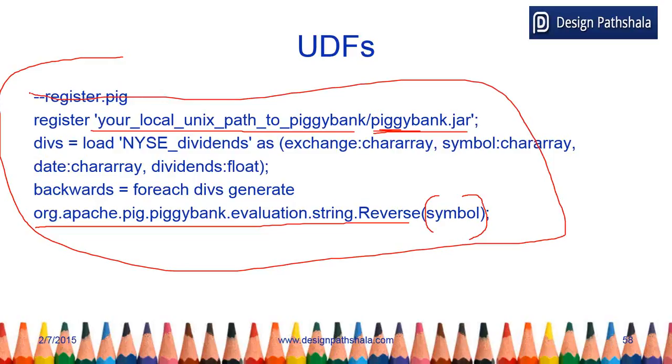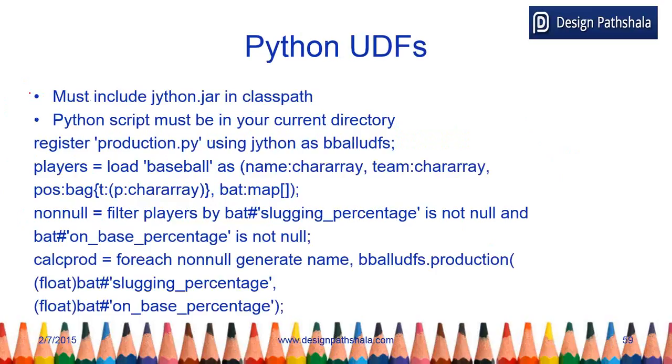You can create UDFs in other languages also. So this is a UDF in Python. Here I am defining this Python script as my UDF, and the name is given as bball UDF.